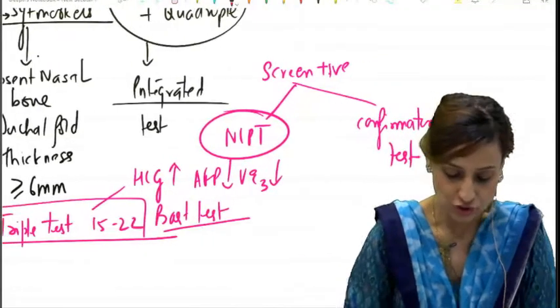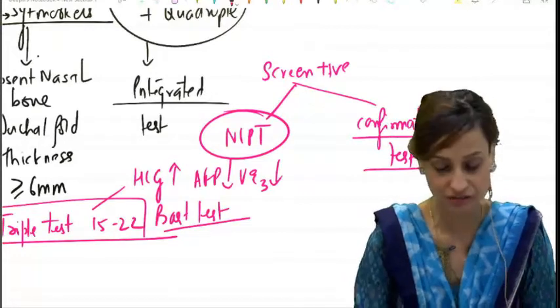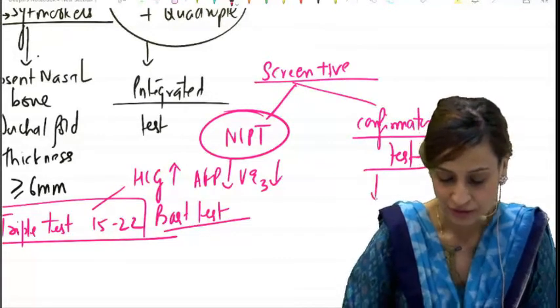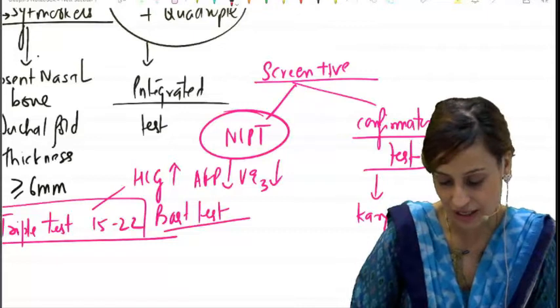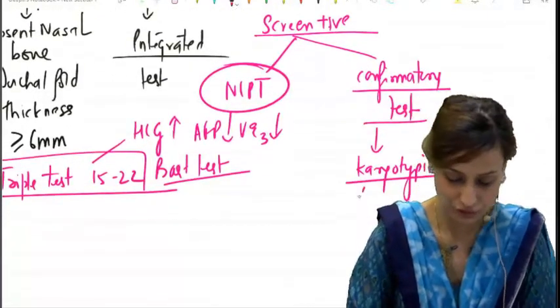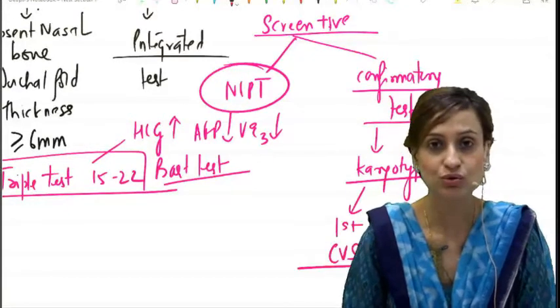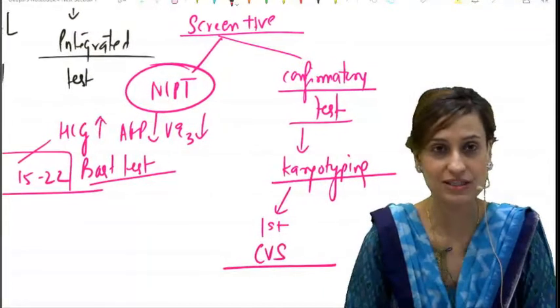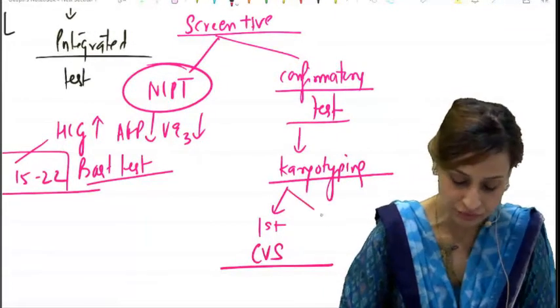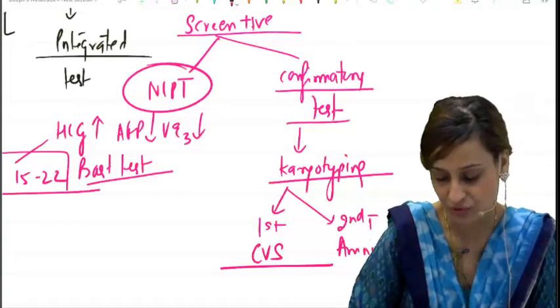So non-invasive prenatal test or confirmatory test, both can be done if the patient is screen positive. The confirmatory test is karyotyping. So depending on when you want to do it, for example, if you want to do it in the first trimester, you will have to do chorionic villus sampling to get the tissue, whereas if you want to do it in the second trimester, we will do amniocentesis.